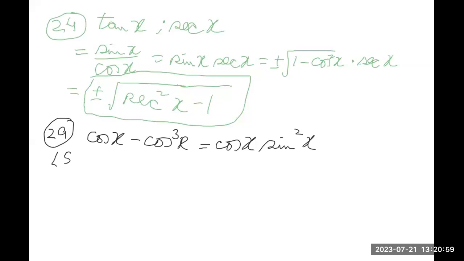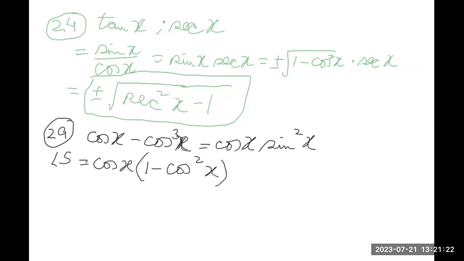So what we have on the left side, or LS, is cosine x minus cosine cube x. So we have a common factor of cosine there. I'm going to factor out the cosine x, and that leaves me with 1 minus cosine square x.